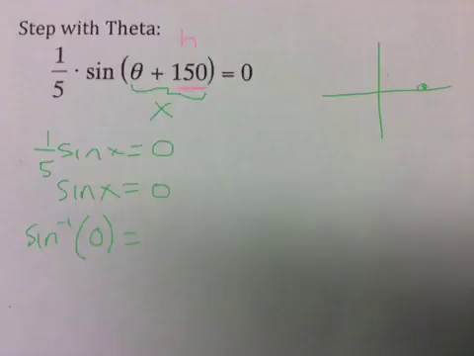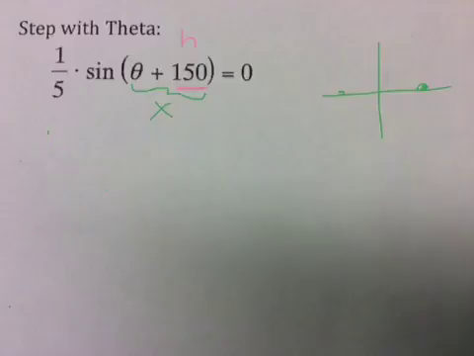That's the one that's going to come back to me, 0. But then also 180. But then also, again, back here at 360. Okay, so there's 3 possible answers here. 0, 180, and 360.